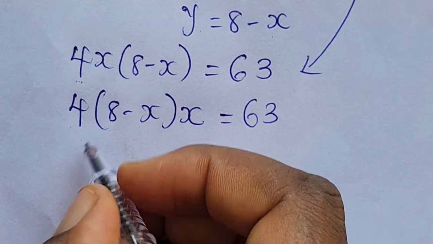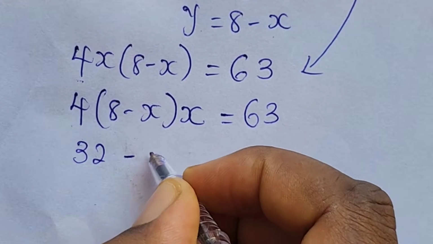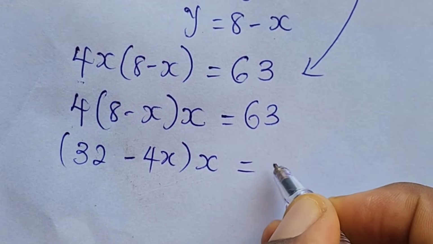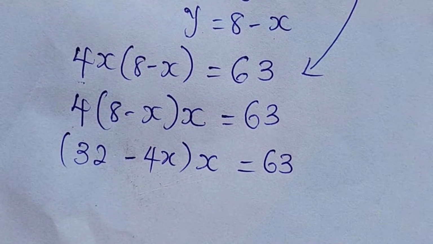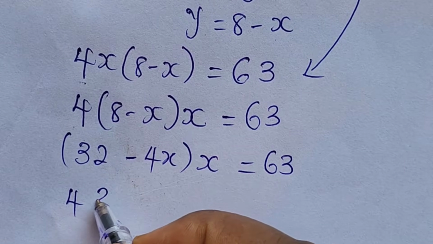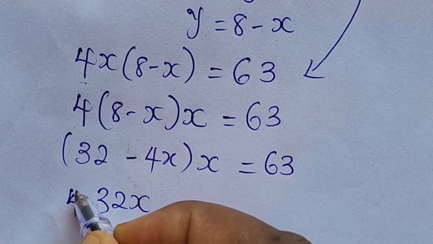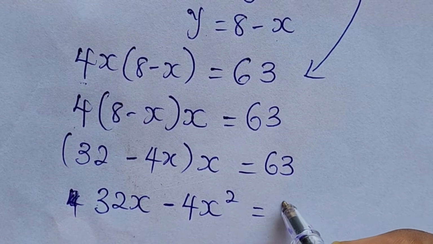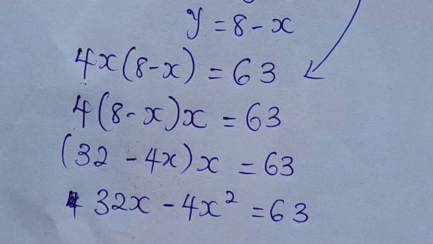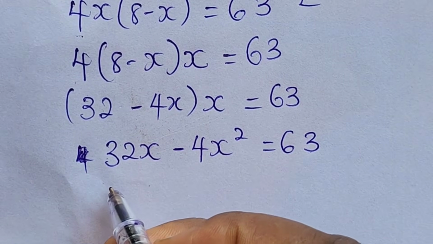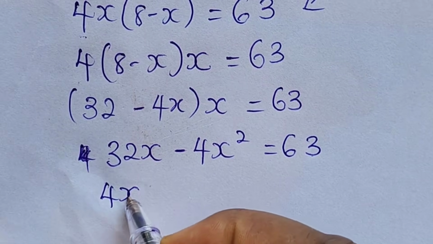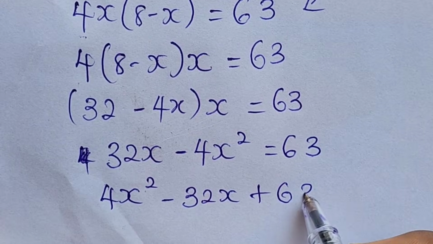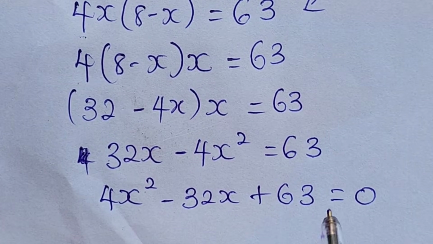So 4 times 8, we have 32 minus 4x times x is equal to 63. We have 32 times x, which is 32x minus 4x squared is equal to 63. So rearranging this quadratic equation, we have 4x squared minus 32x plus 63 is equal to 0.